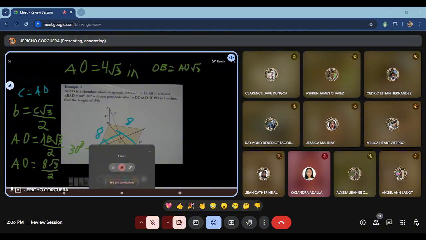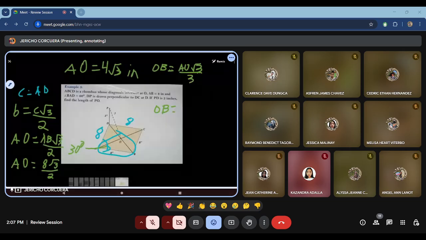So let's just write that here. OB is equal to 4 square root of 3 times square root of 3 over 3. Now, if you can see, we have the square of the square root of 3, so that's 3. So we can now cancel this out. We can cancel out 3. So the value of OB is equal to 4 inches because this is a 30-60-90 triangle.